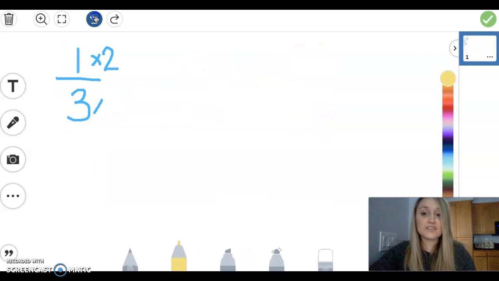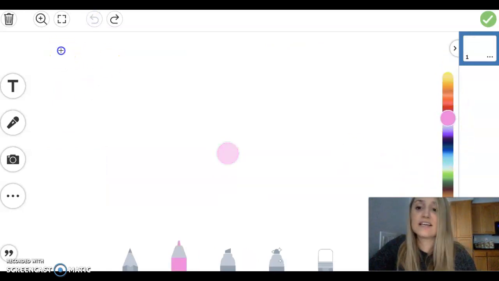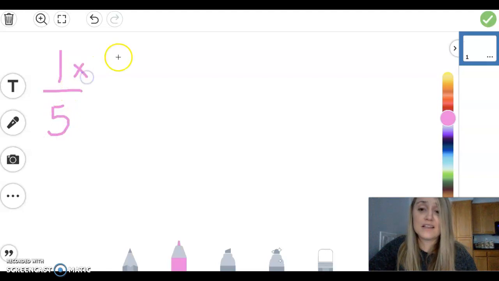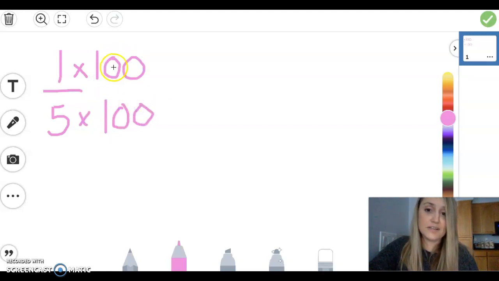One question that I usually get asked, and you guys are probably wondering this too, is let's say you had 1/5. If you multiplied this by 100, you can also do that, but the important thing is remembering that whatever you do on the top, you must do on the bottom, okay?